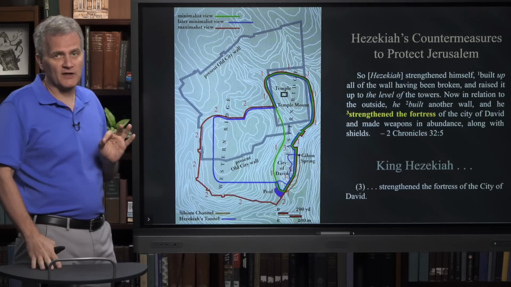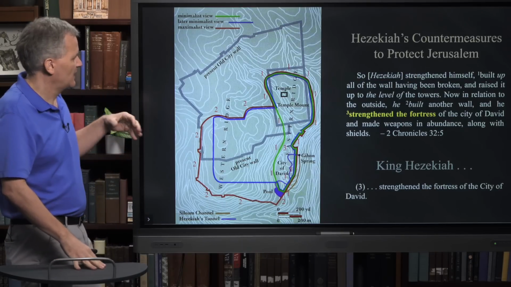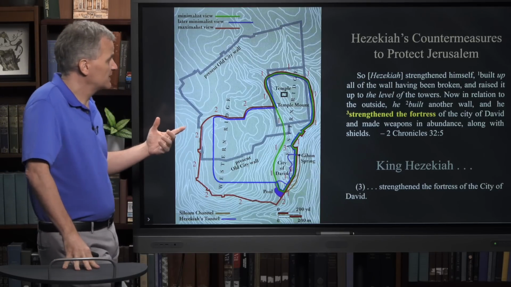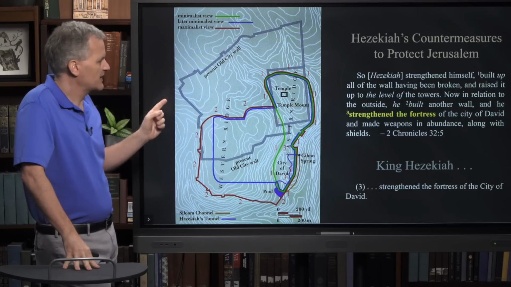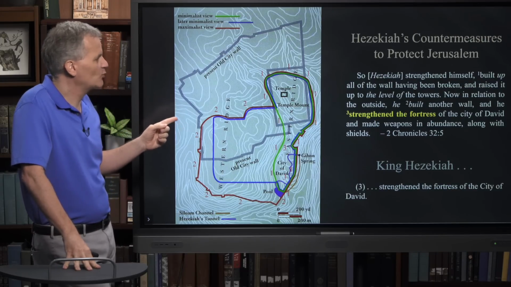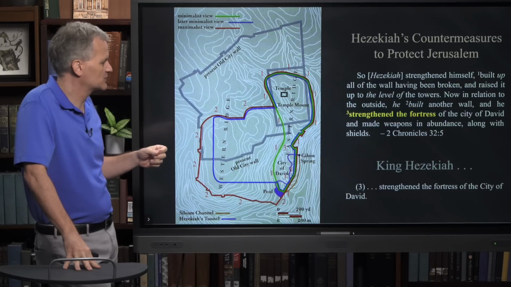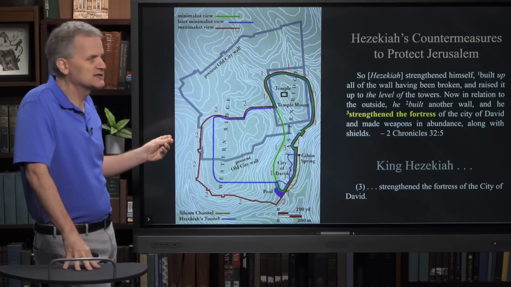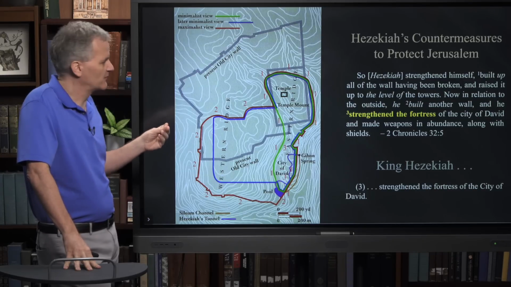Then, the third and final thing that we'll look at in these countermeasures is that Hezekiah strengthened the fortress of the city of David and made weapons in abundance along with the shields. So how is it that he strengthened the fortress?